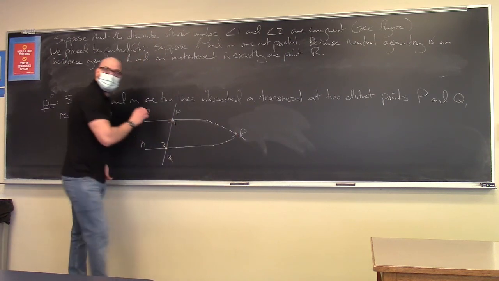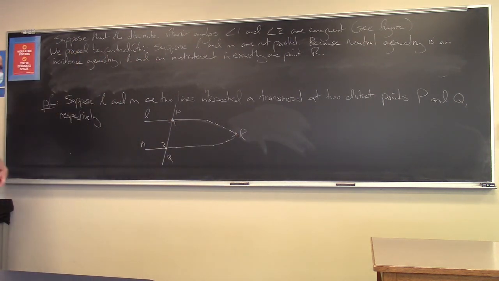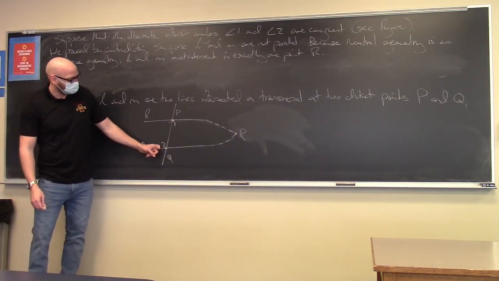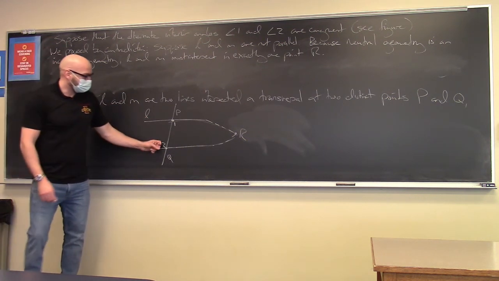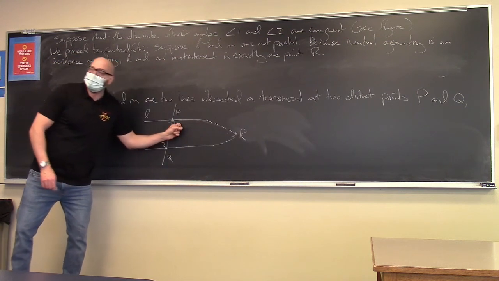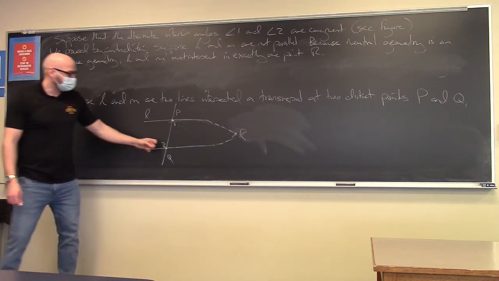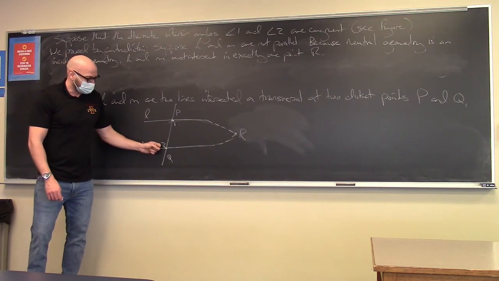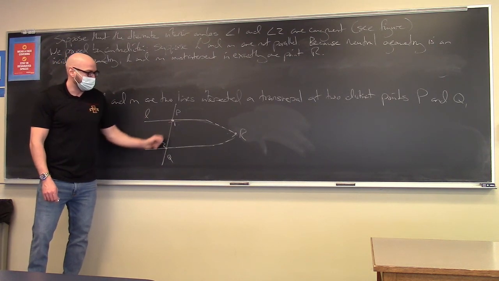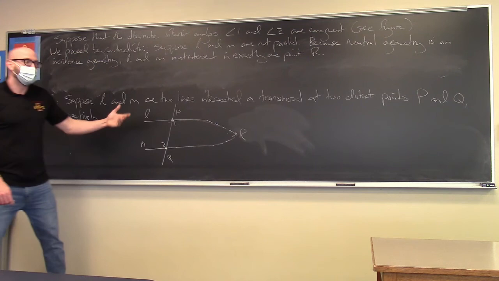This is a triangle. And angle 2 is an exterior angle of this triangle, which means it's bigger than the opposite interior angles. So that means angle 2 is bigger than angle 1. And that contradicts our assumption, our hypotheses, that these two angles are the same in measure. So there's the immediate contradiction.